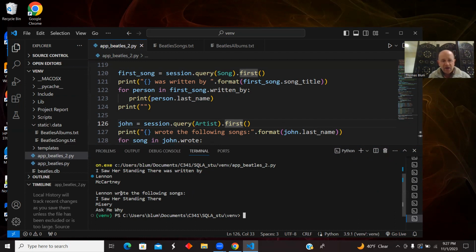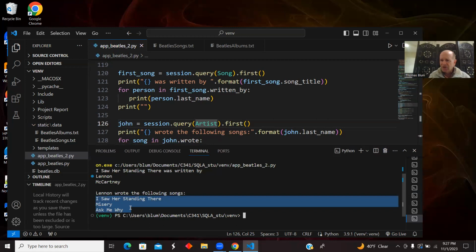And then the second query, we queried the artist table, and then we worked through the relationship, the many-to-many relationship. And this one artist wrote many songs, but I only populated the bridge table with 3 of the songs by Lennon and McCartney and 1 by George Harrison. That's what I wanted to show you, giving you a many-to-many relationship through a bridge table.